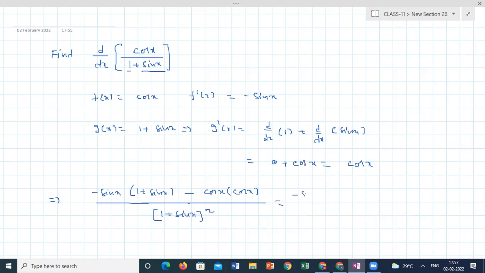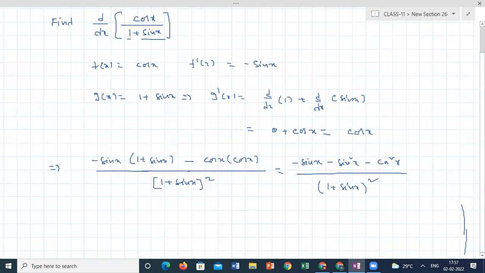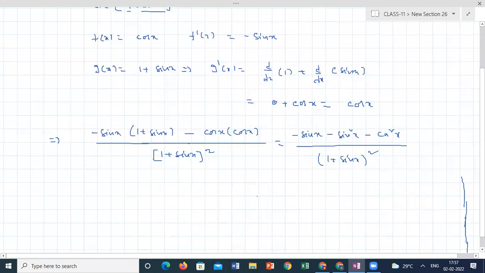This will be minus sin x into, minus sin square x minus cos square x divided by 1 plus sin x whole square. If I am taking common of minus, it will come minus of sin x plus sin square x plus cos square x divided by 1 plus sin x whole square.